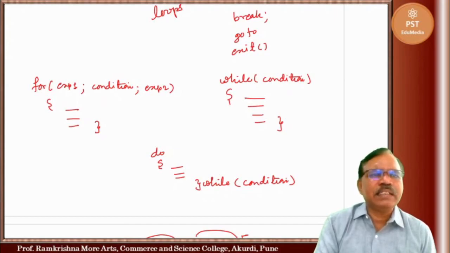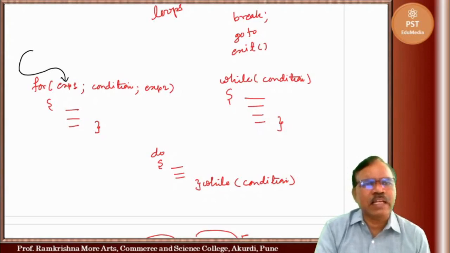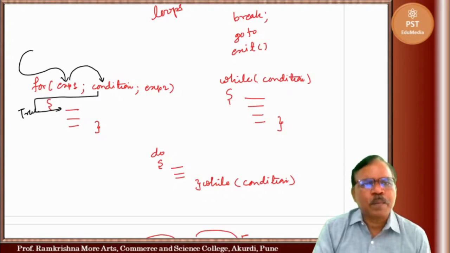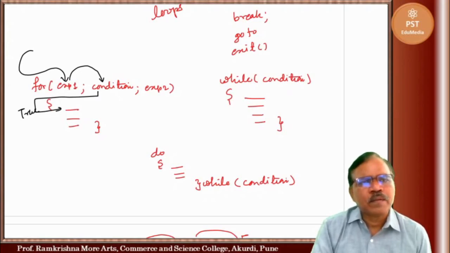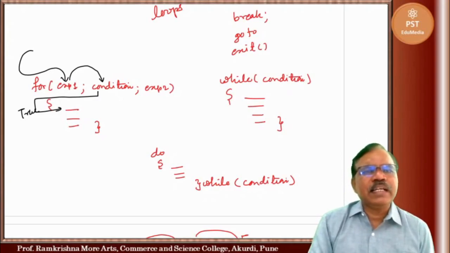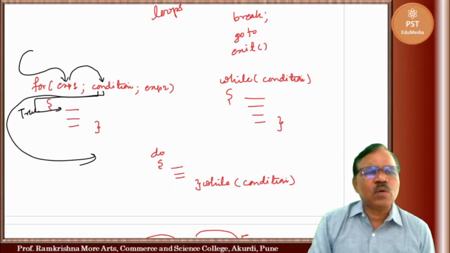When control comes here, first expression 1 is evaluated, then it goes to condition. If the condition is true, then it goes to the loop. So these statements are executed, or the loop is executed. But if the condition is false, it will not go into the loop.